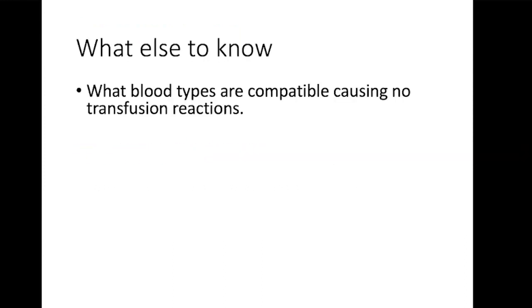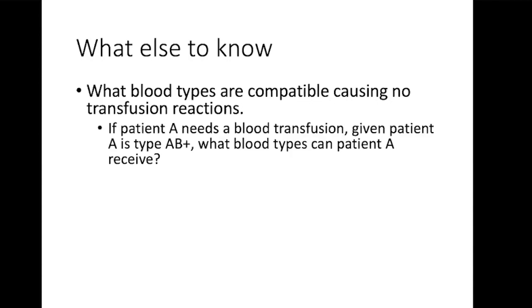What else do you need to know? You need to know what blood types are compatible. In other words, when they are mixed, they do not cause a transfusion reaction or agglutination. For example, I could tell you that a patient has a certain blood type and they need a transfusion.